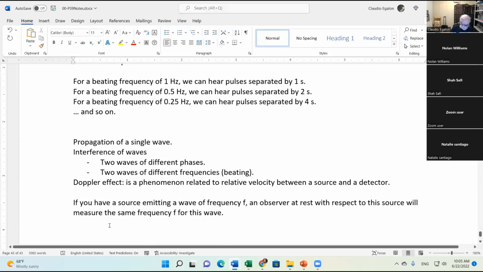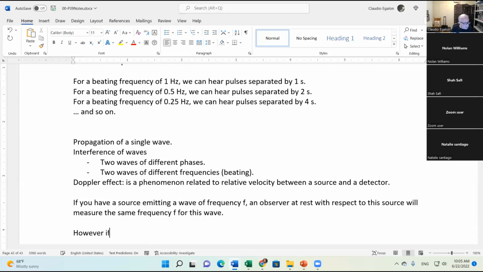However, if there is relative motion between the source and the observer, the measured frequency will be different.